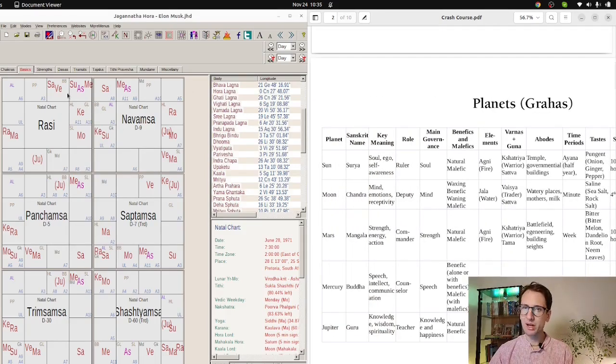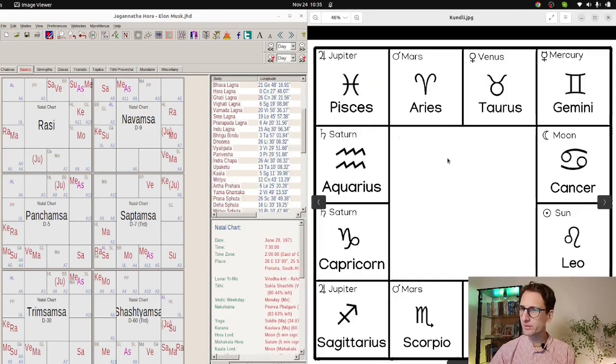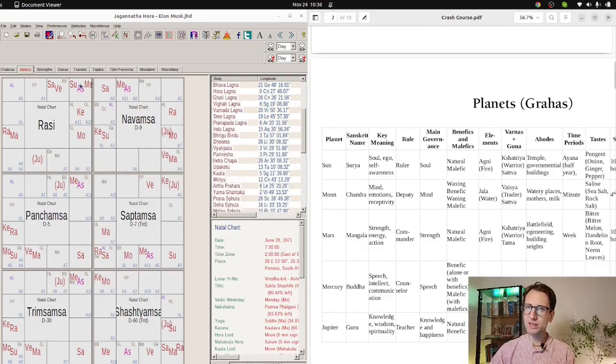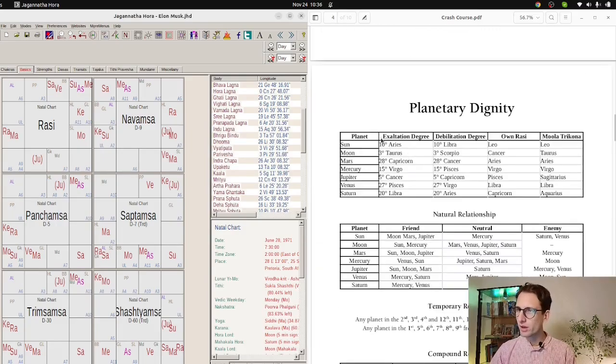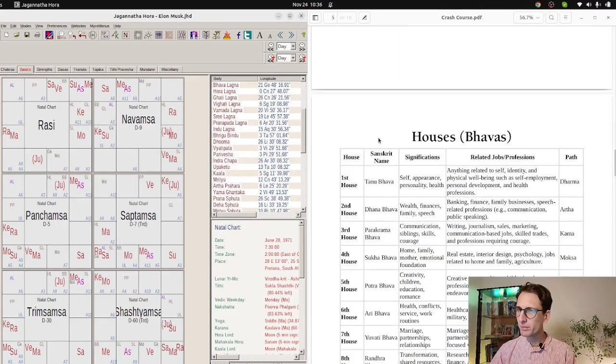Then who else is the sun? When we look at this, the sun is ruling Leo, the sign of Leo. It is here. So if you count from the ascendant, 1, 2, 3, it is the third lord. So the sun is also the third lord of the houses.